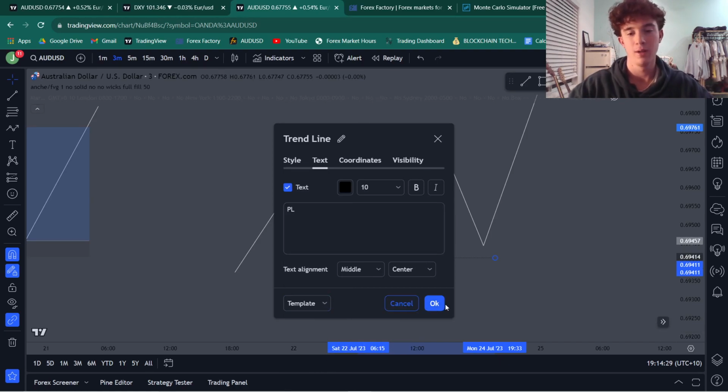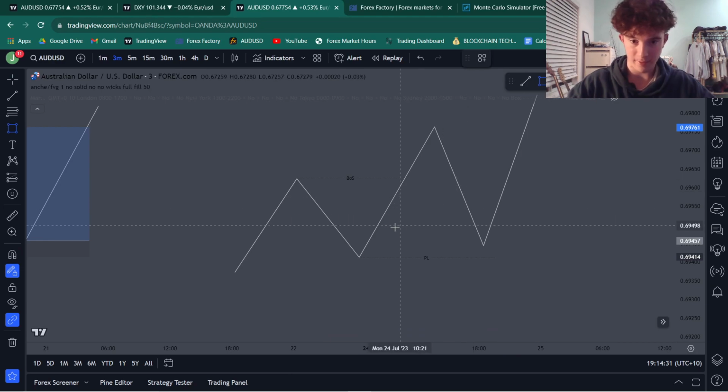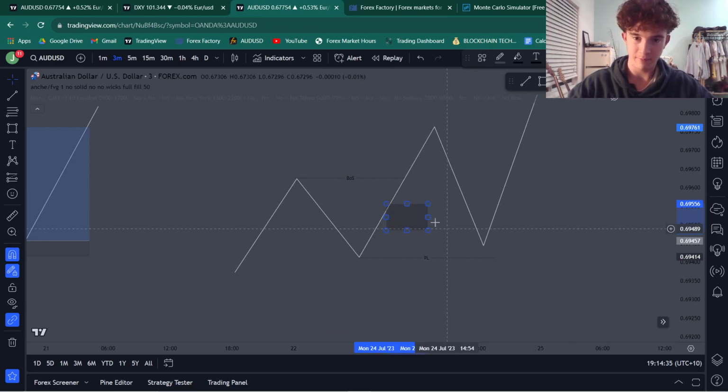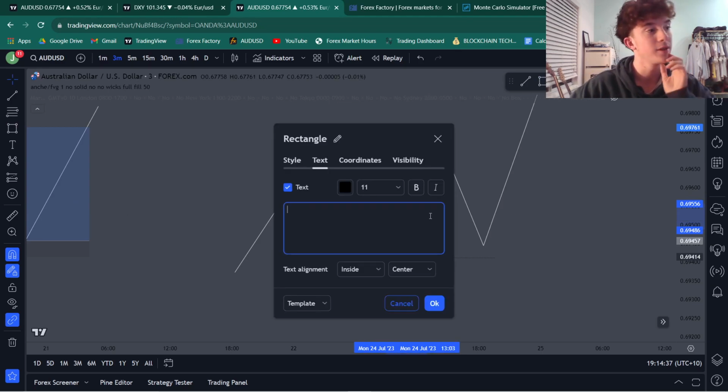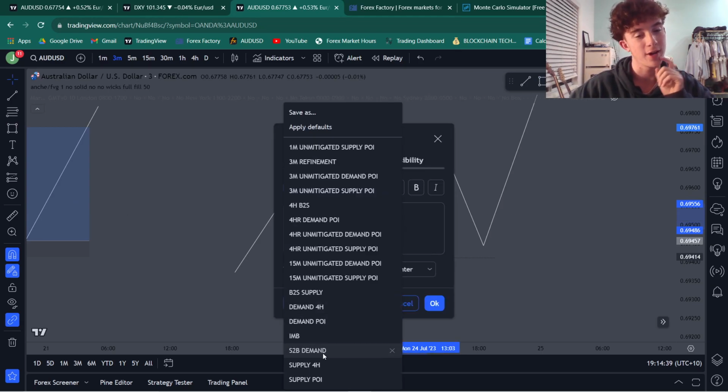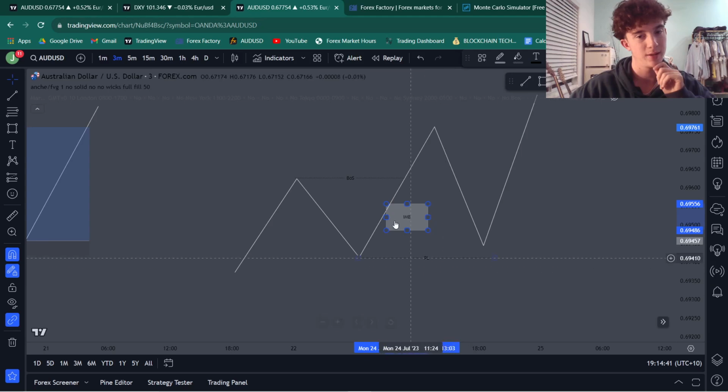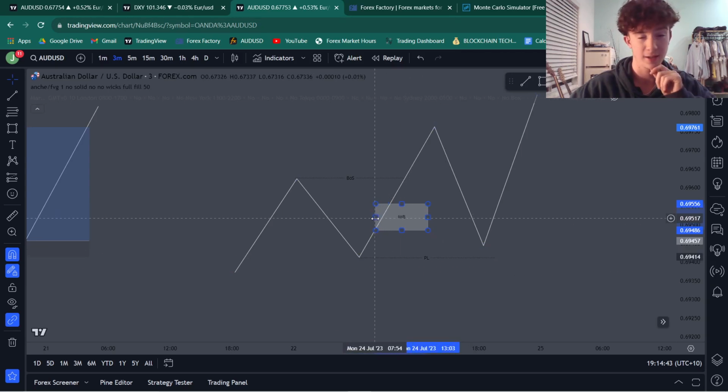And then we have what's called imbalance, otherwise known as a fair value gap in ICT, I think. But yeah, imbalance.